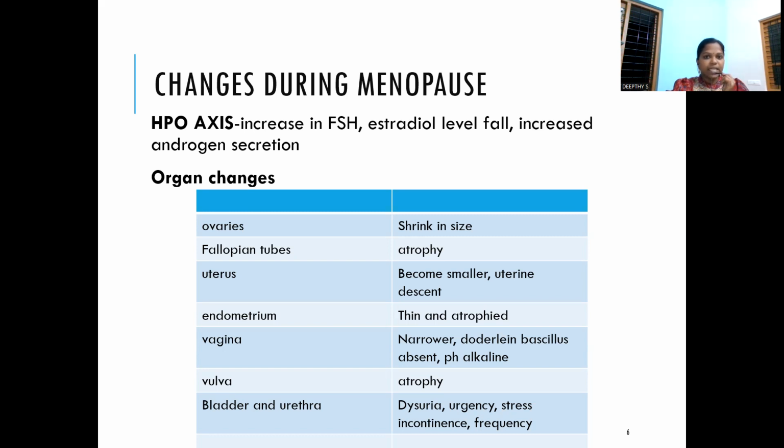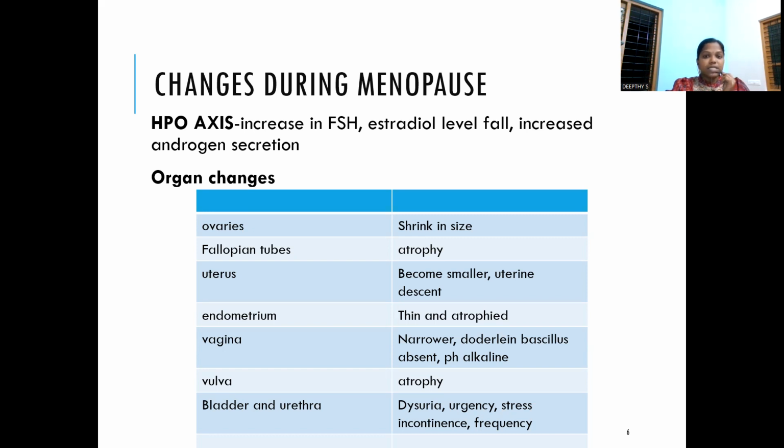That is, we can see in the uterine descent. Also, the pelvic organ like bladder may also descend. That is called cystocele. That is why the cystocele and uterine prolapse, that is the descent of the bladder and the descent of the uterus, is common in the menopause age.